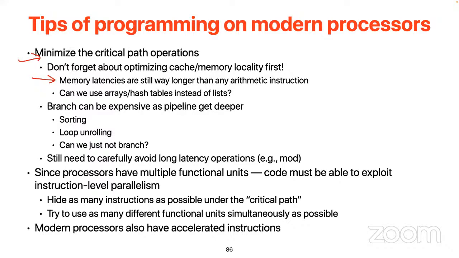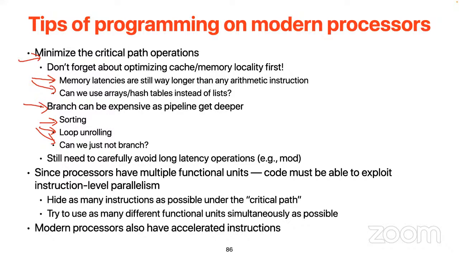Or can we make it more cache friendly through tiling? Can we use better data structures like hash or arrays to avoid hard to predict data structures? Or if it's on branch, can we sort the data? Can we unroll the loop? Or can we just not branch, right?